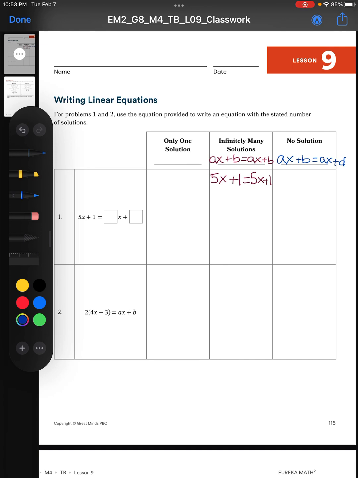I'm going to make up one and you make up the others. So using number 1, 5x plus 1 equals 5x, but instead of plus 1, maybe I have plus 30, whatever, something else in this place besides 1. So now you go ahead and make up a couple other equations that are also going to show no solution.